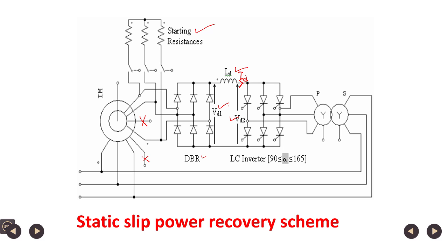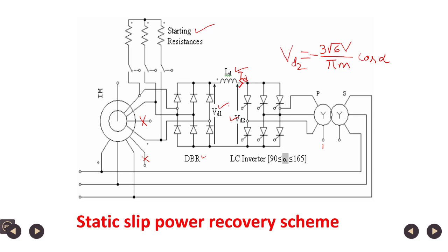If the polarity is according to this polarity of VD2 as we have written, we can write VD2 equals minus 3 into root 6 into phase voltage V by pi, into, if the transformer ratio is M, times cos alpha.